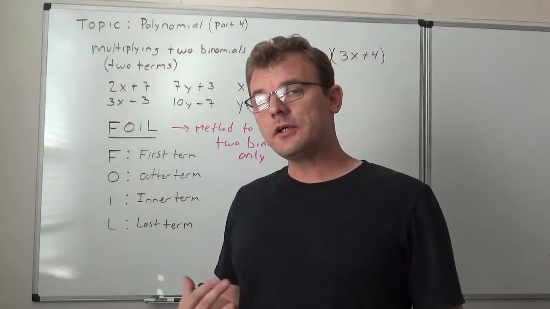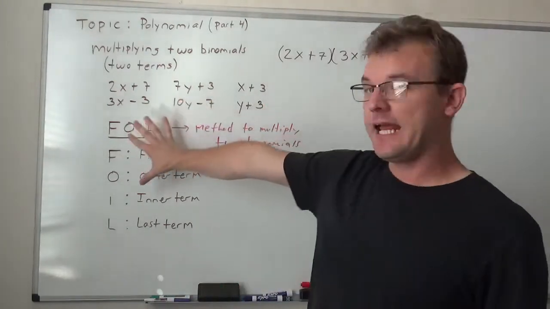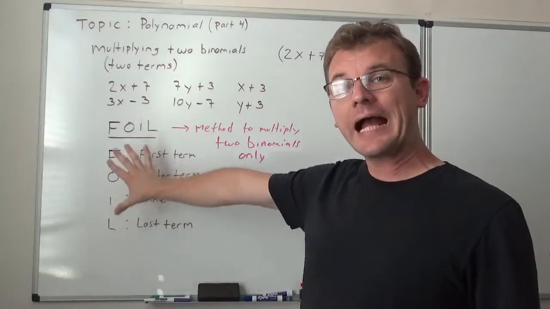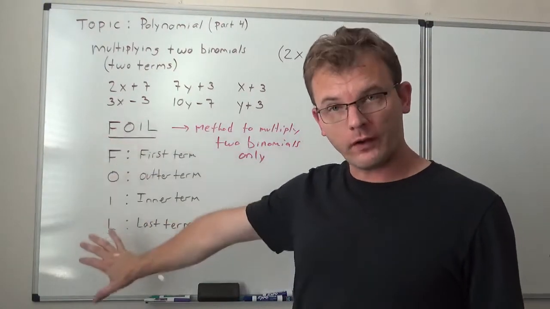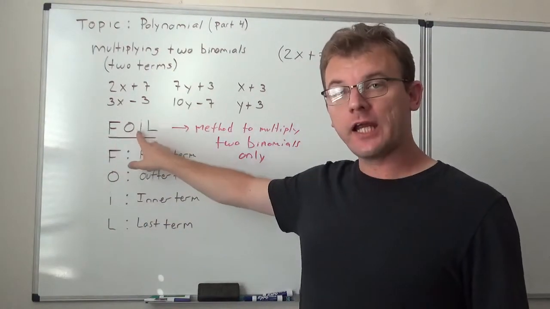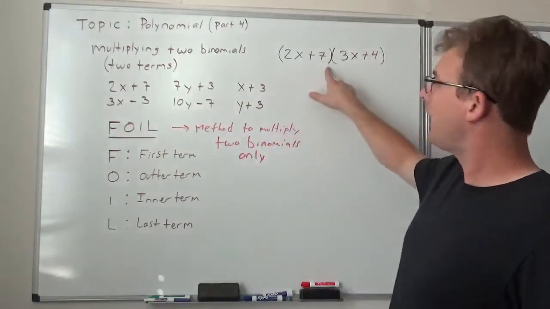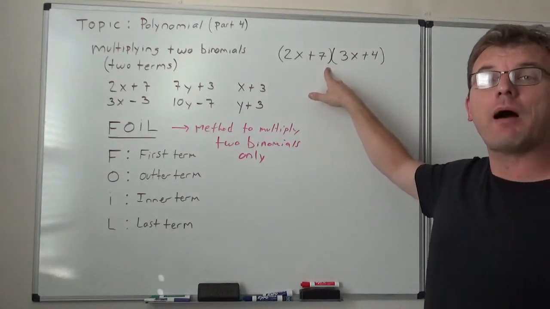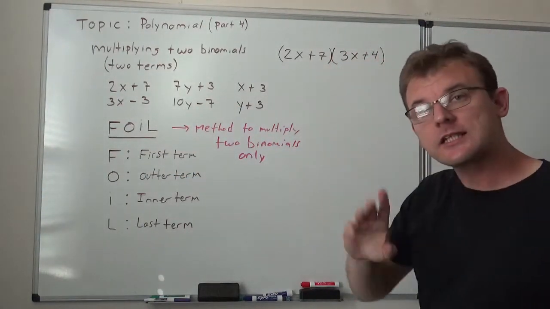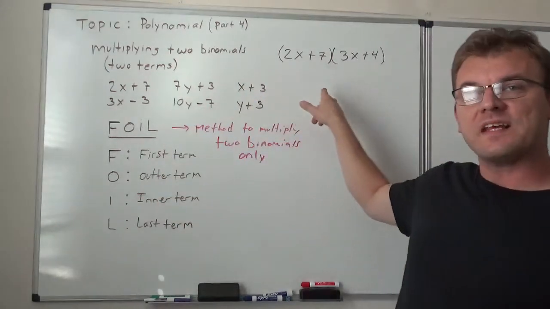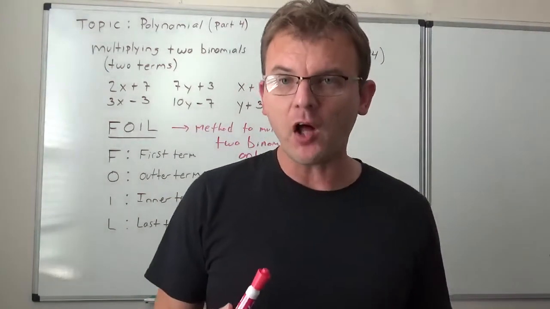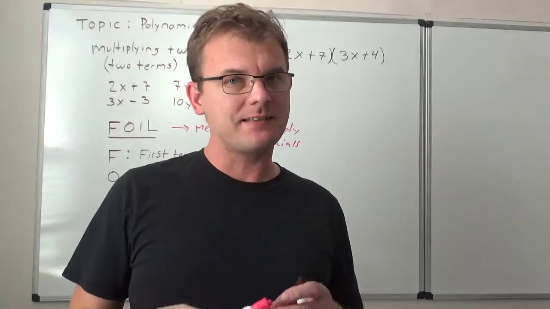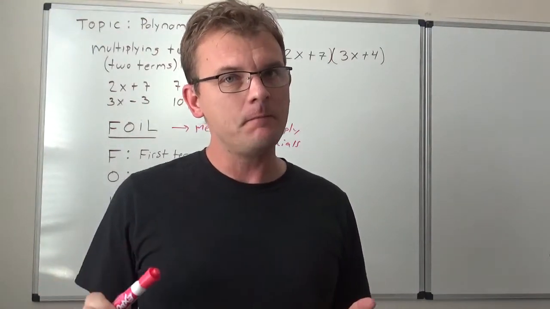I want to take this acronym of FOIL, first, outer, inner, last, and apply it to these two binomials. Let's go through the FOIL with this example, and make sure you follow me, because once you get the hang of this, it is so much easier.